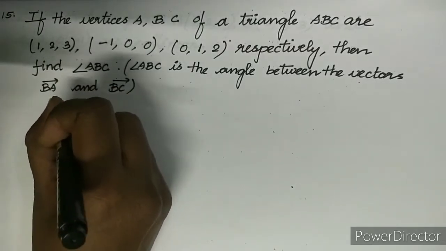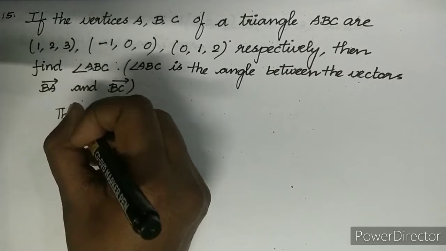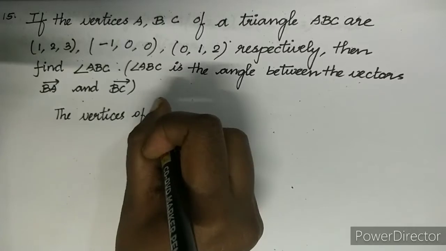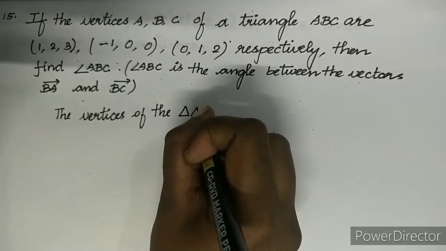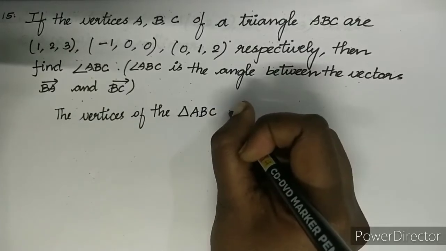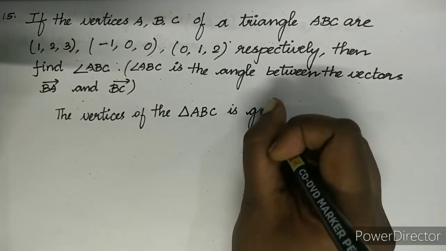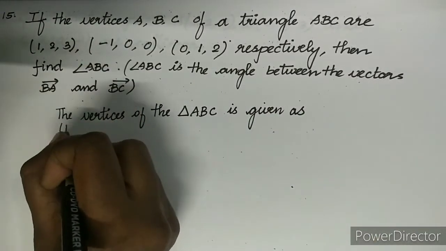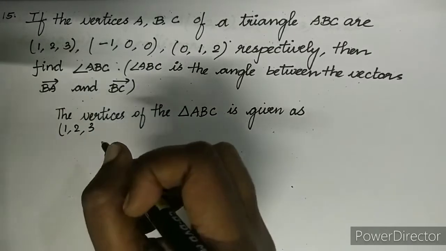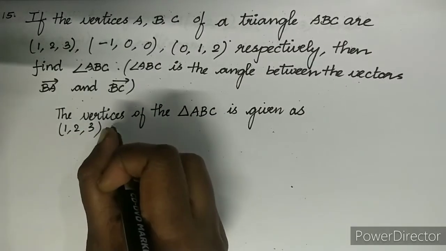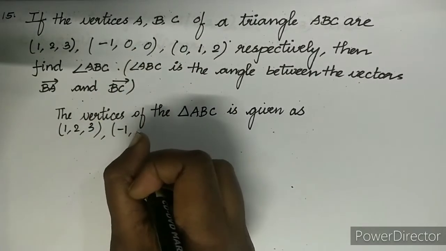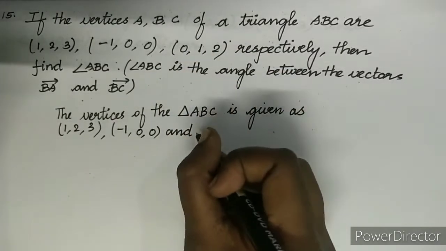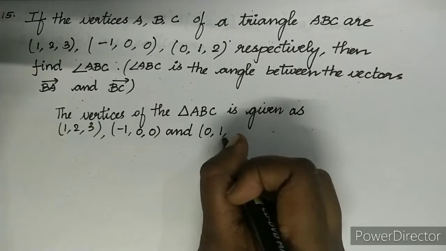So, the vertices of the triangle ABC are given as 1, 2, 3, minus 1, 0, 0 and 0, 1, 2.